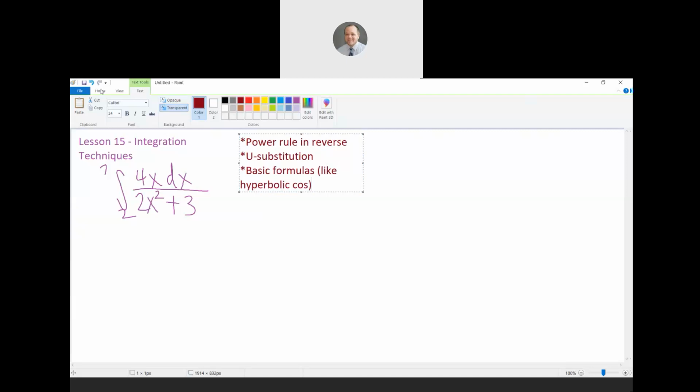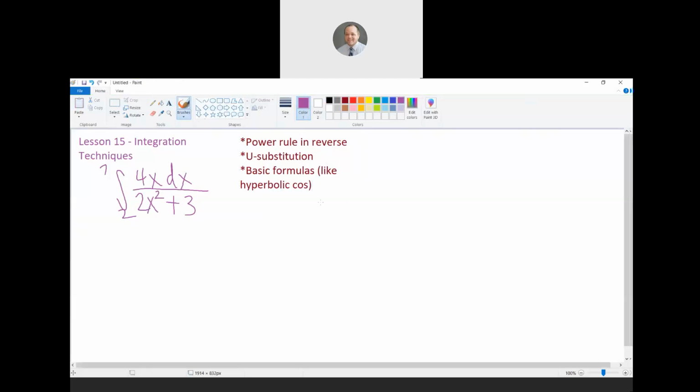These are the three techniques we've been using a lot in this class. I wanted to go over a couple more integration techniques with you today, but let's start with this problem.